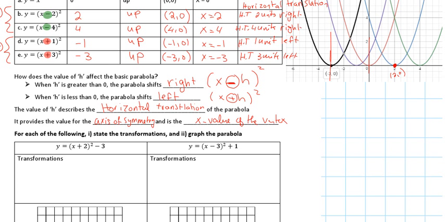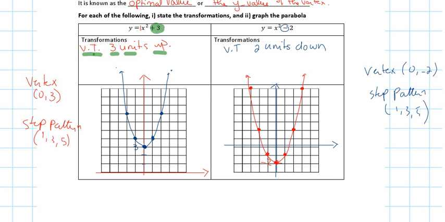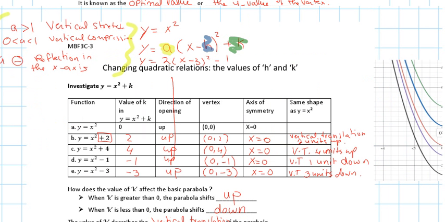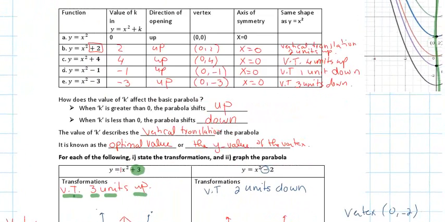So h is the x value of the vertex. K is what value of the vertex? The y value of the vertex, right? So h is the x value of the vertex, and k is the y value of the vertex.